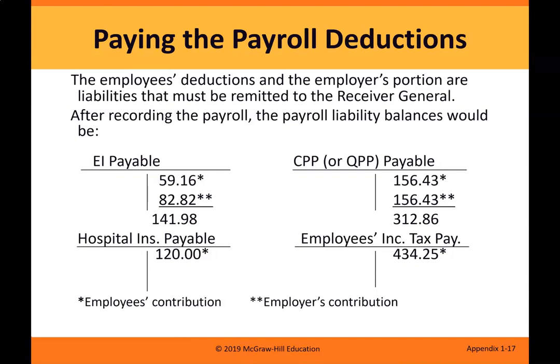CPP or QPP payable credit 156.43 and credit 156.43 for a total of 312.86. Hospital insurance payable credit 120, and employees income tax payable credit 434.25.